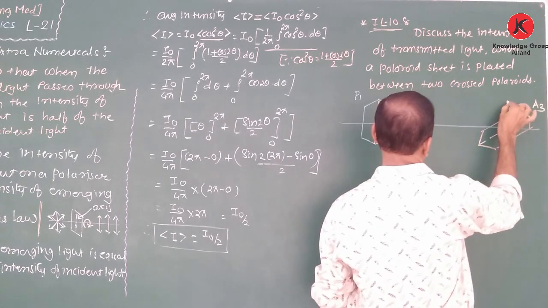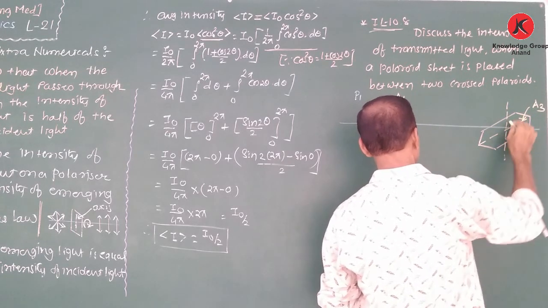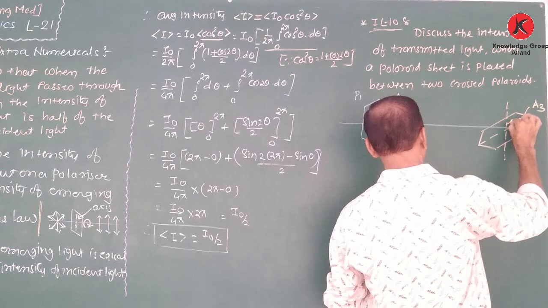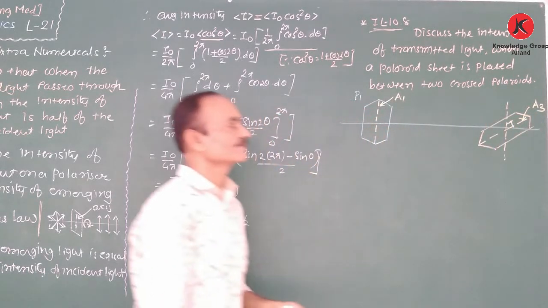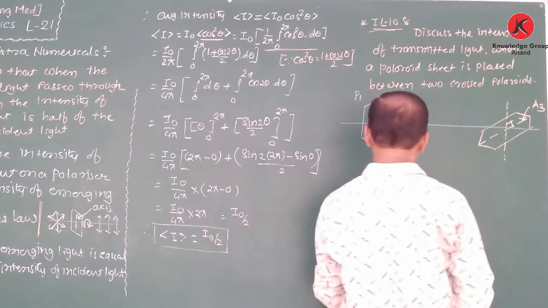A3 makes a 90-degree angle with the axis A1, theta is equal to 90. That is our P3 polarizer.